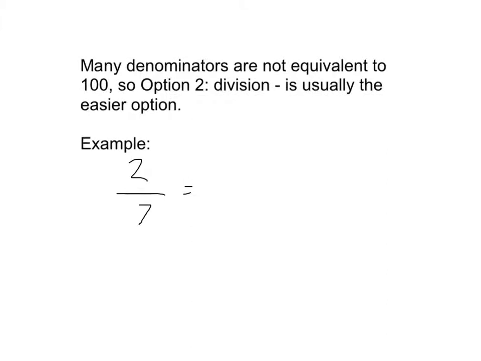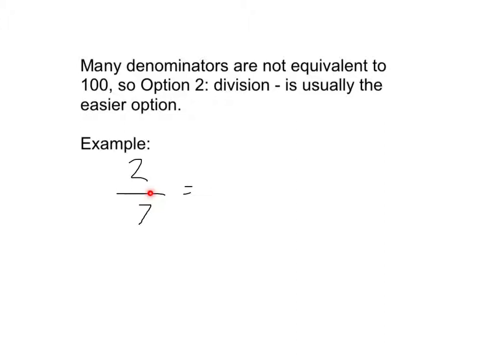One thing to be aware of is that many denominators are not equivalent to 100. So option 2, which is division, is usually an easier and faster option. Take, for example, 2/7. 7 is my denominator, and it does not make a fraction that has 100 as its denominator.